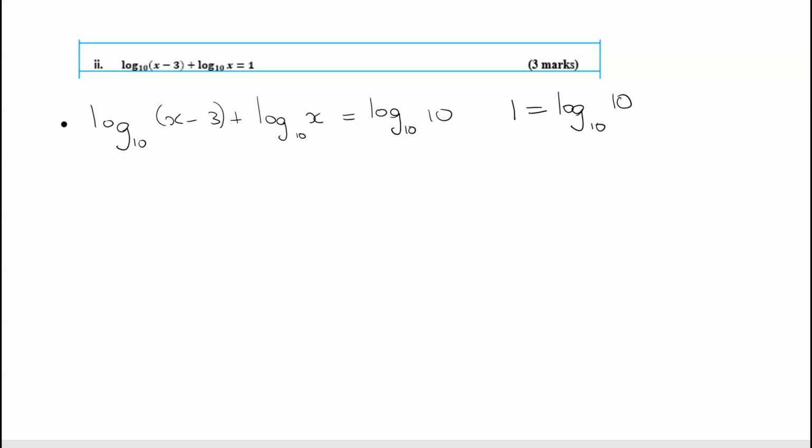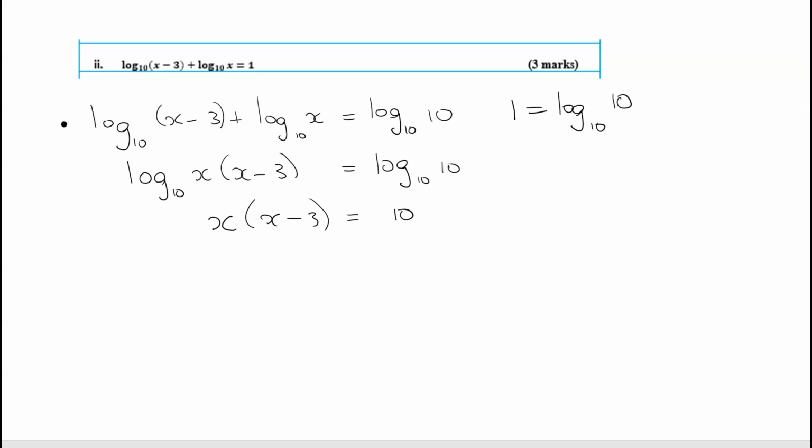And now we're going to use the rules of logs on the left-hand side to combine the two terms, remembering adding indicates multiplication. And because we've got the log of each side, we can now raise each side to the power of 10 and get rid of the logs. So we can skip that step and just go x times x minus 3 equals 10.